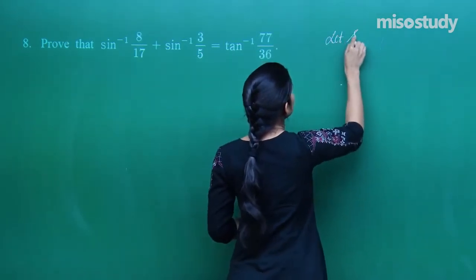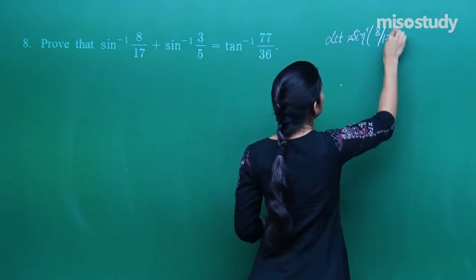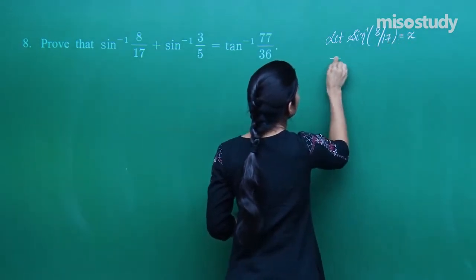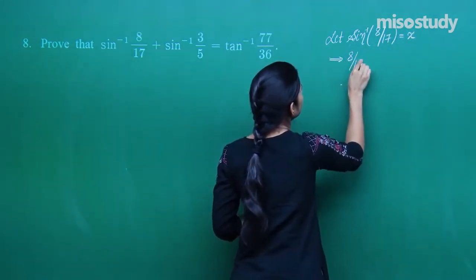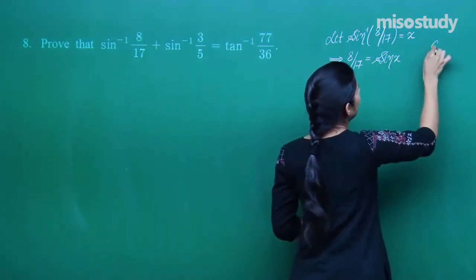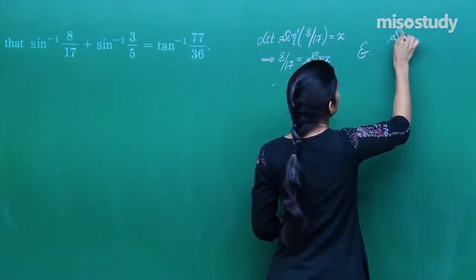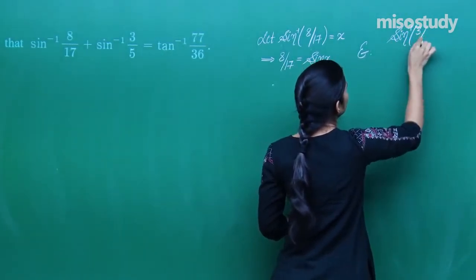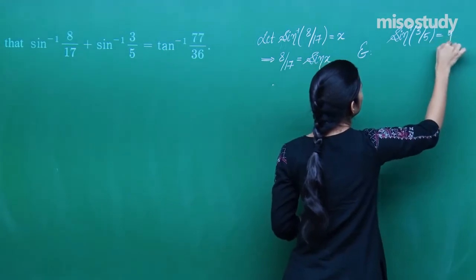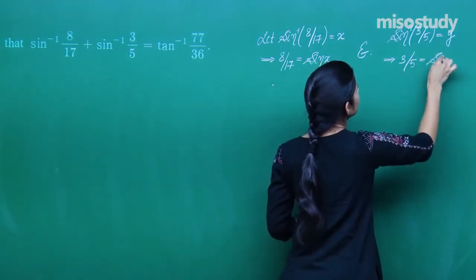I am saying let sine inverse of 8 by 17 be equal to x, which implies 8 by 17 is sine x, and sine inverse 3 by 5, let it be equal to y, which implies 3 by 5 is sine y.